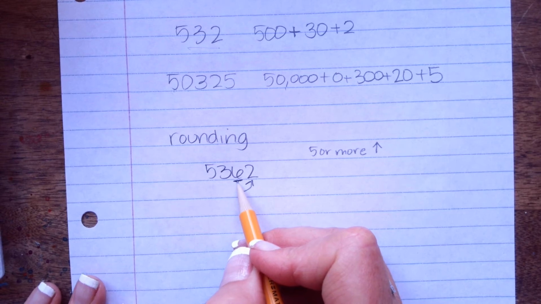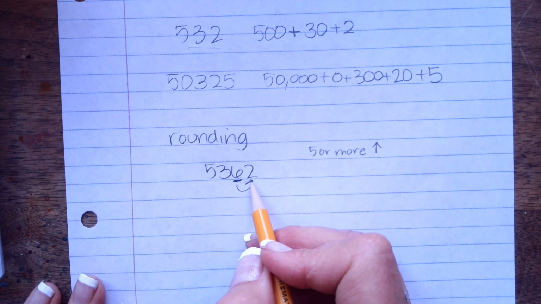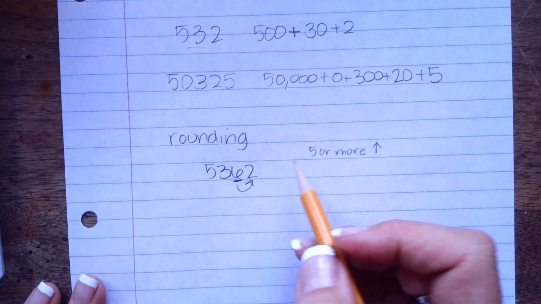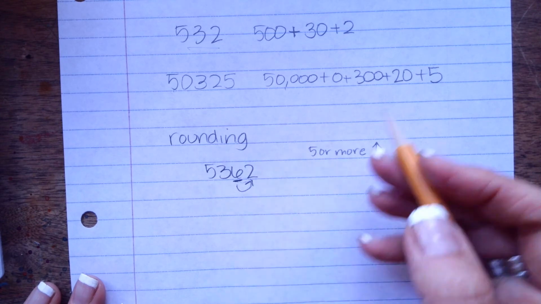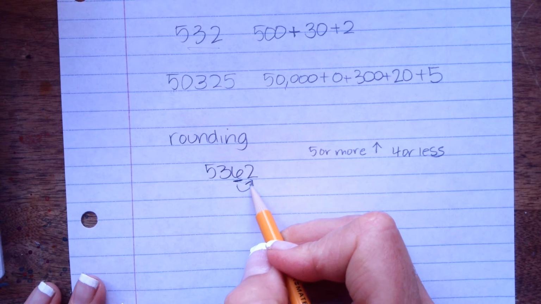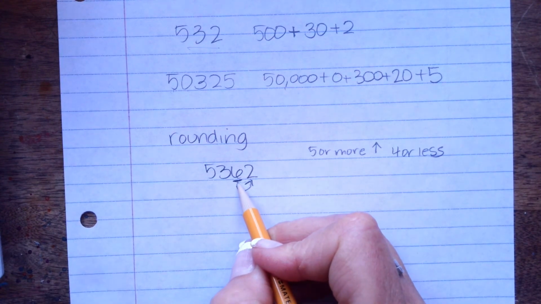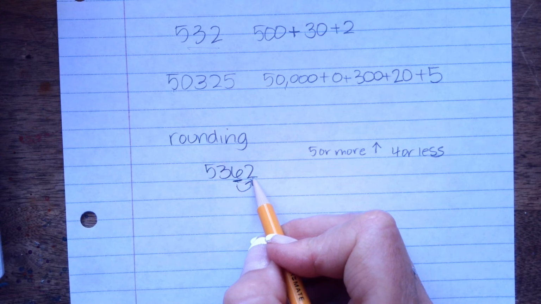So the 6 would turn into a 7. And anything after turns to a 0. That's if it's 5 or more. But this is 4 or less. So a 2 is less. So this is going to stay a 6, and everything after it is going to turn to a 0.